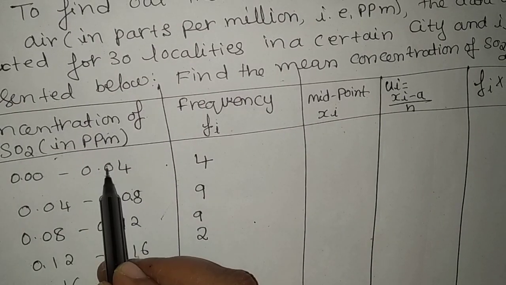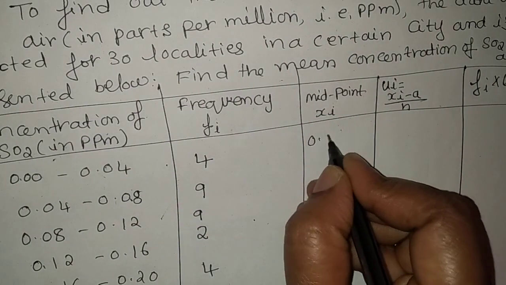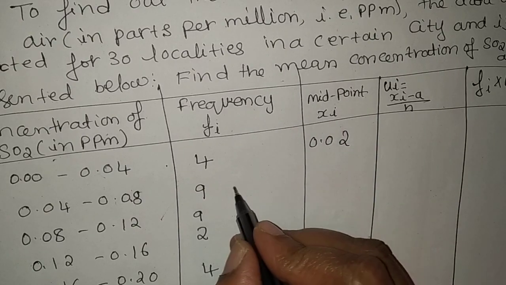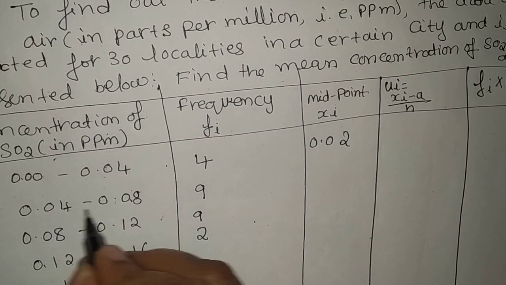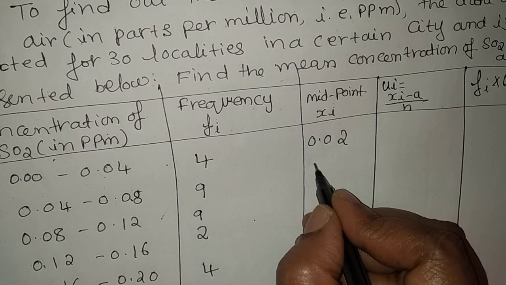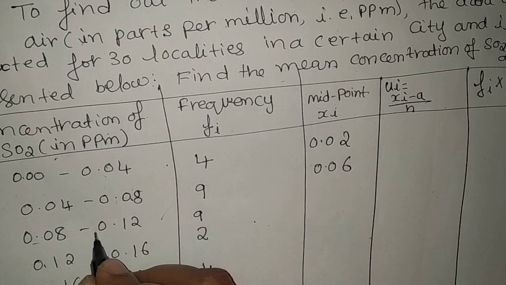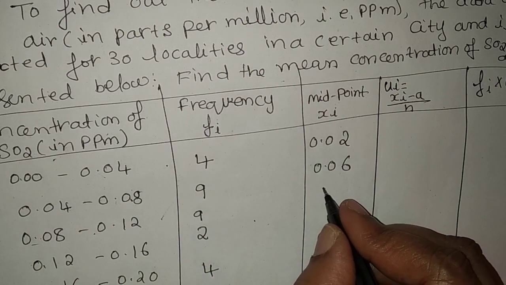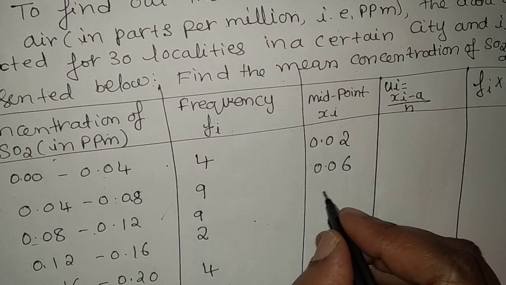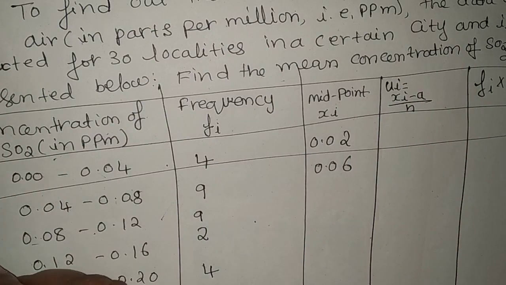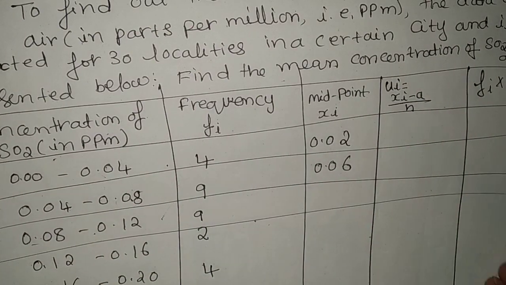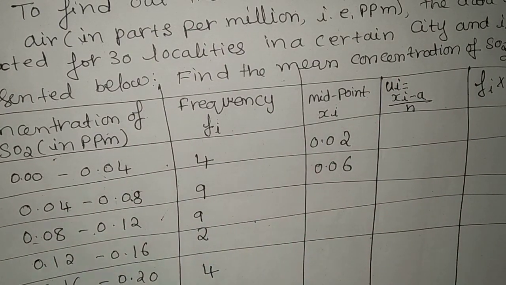Here 0 to 0.04 will be 0.02 as the midpoint. Then 0.04 to 0.08 is 0.06. Next 0.08 to 0.12 will be 0.10, I think. Yeah, 0.10. So if you're confused, just draw a line in all the tables.